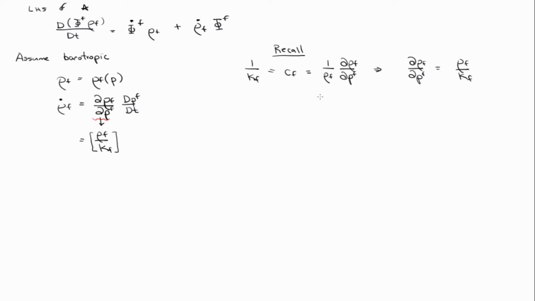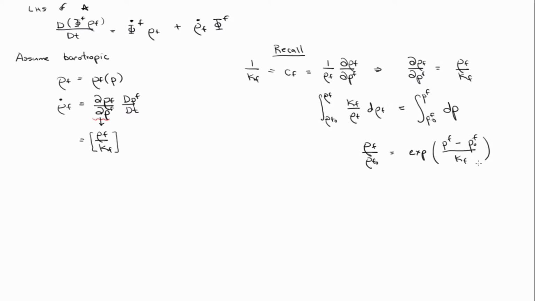We can integrate both sides, right? So if we just rearrange it and integrate from, say, some reference fluid density to the current fluid density, k f over rho f d rho f, and then integrate from some reference fluid pressure to the current fluid pressure, well, if you work that out, you get this guy.